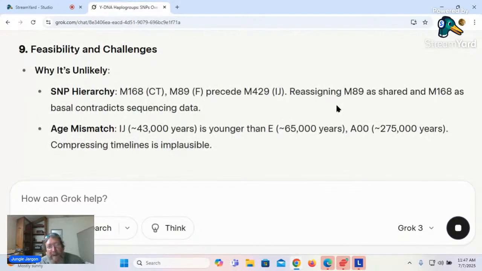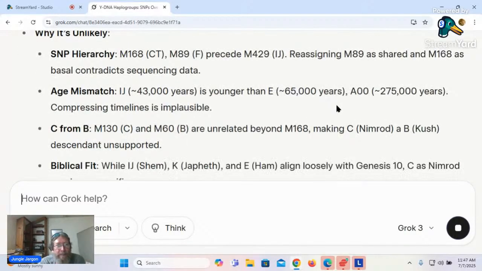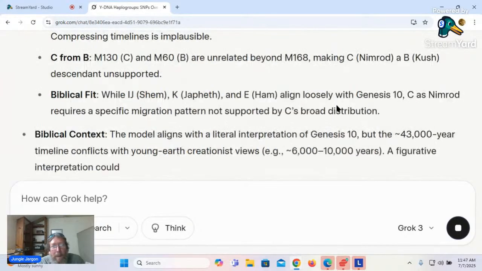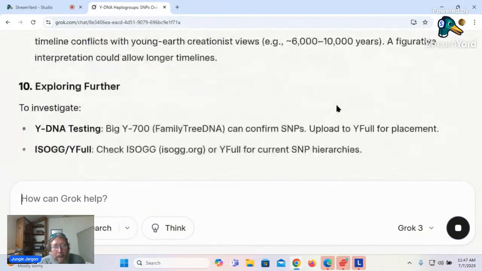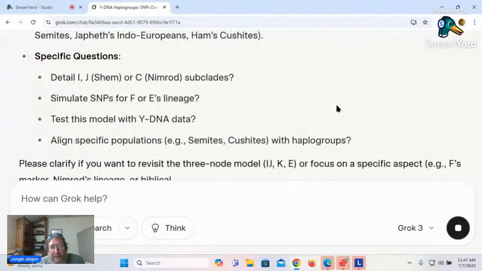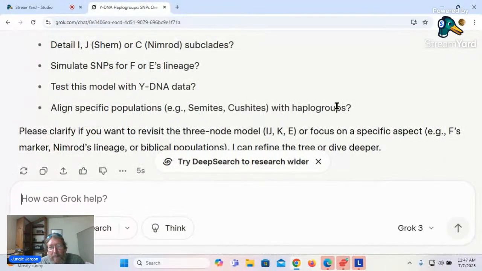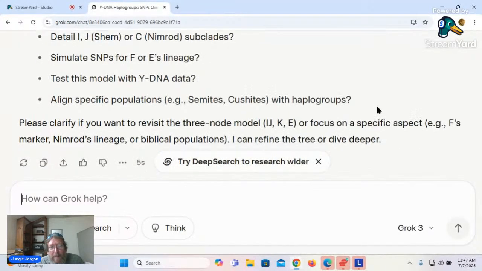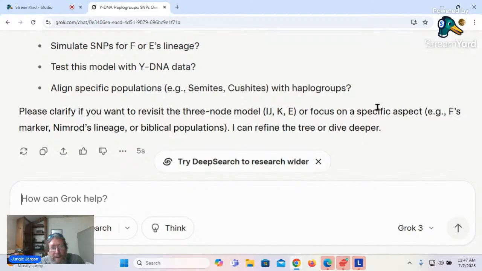I have to explain that I branches off from J. He's got the age mismatch. Of course, the age is going to mismatch because you're going by genetic distance, and you can't go by genetic distance because they're all the same age. I'll just say that.